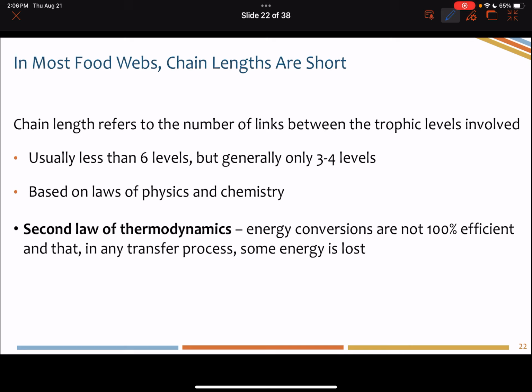So in most food webs and in food chains, the chain lengths are going to be short. The reason is with every energy transfer, we see a loss of energy. So every time one organism consumes something from a lower trophic level, some energy is lost in between.